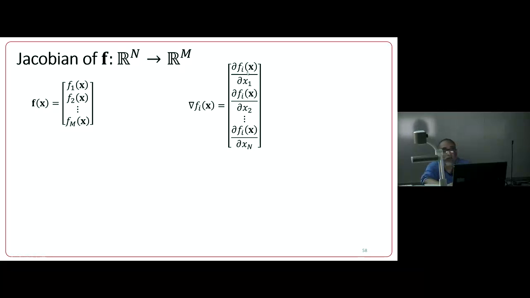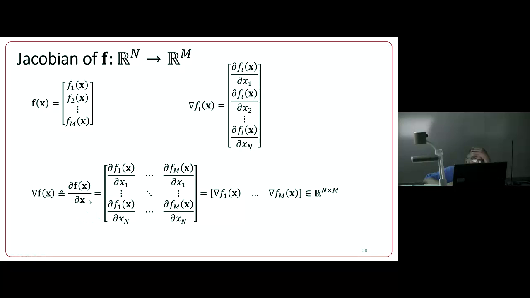For each scalar f, this is the gradient. It's a vector, an n-dimensional vector, because x is in R^n. Now, this is the Jacobian of this vector function, del f of x. So each column is the gradient of one of those scalar functions.